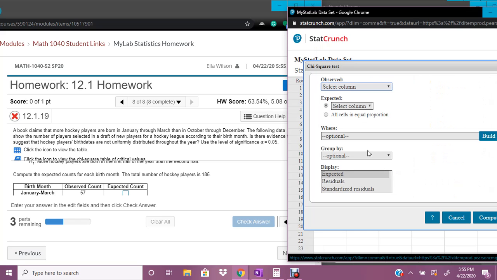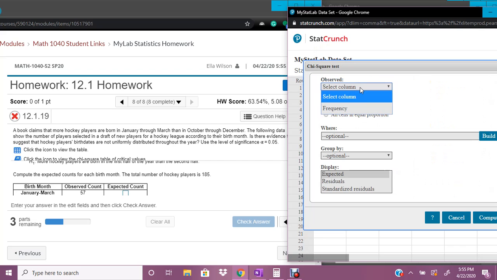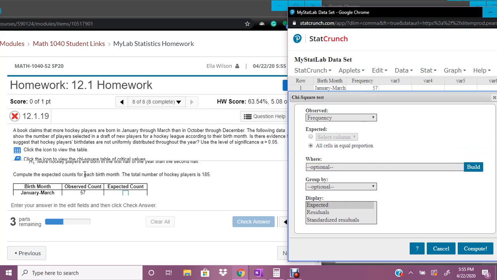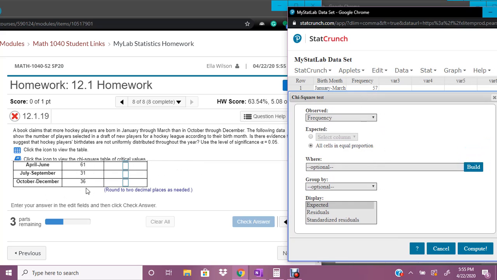In the chi-square test, the observed is the frequency, and then we can select this button, all cells in equal proportion. What we could do is add all these up and then multiply by 0.25 to figure out what 1/4 of it is, or divide it by 4, and it would be the same numbers all down. Or we can just do that and it does it all for us.